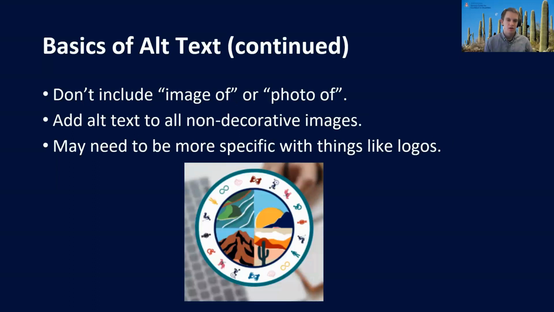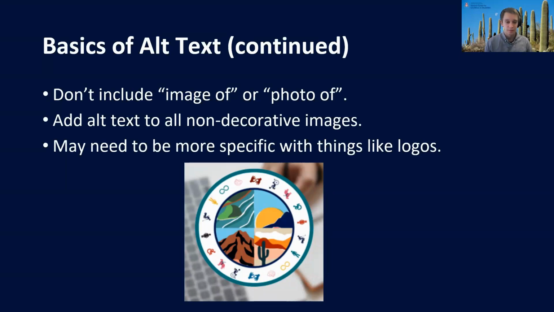Continuing with the basics of alt text, you do not need to include the words image of or photo of in the alt text. These are added automatically by screen readers. You need to add alt text to all non-decorative images, and I will talk a little bit about what a decorative image is and what to do with that in a little bit. And for things like logos, you may need to be more specific.